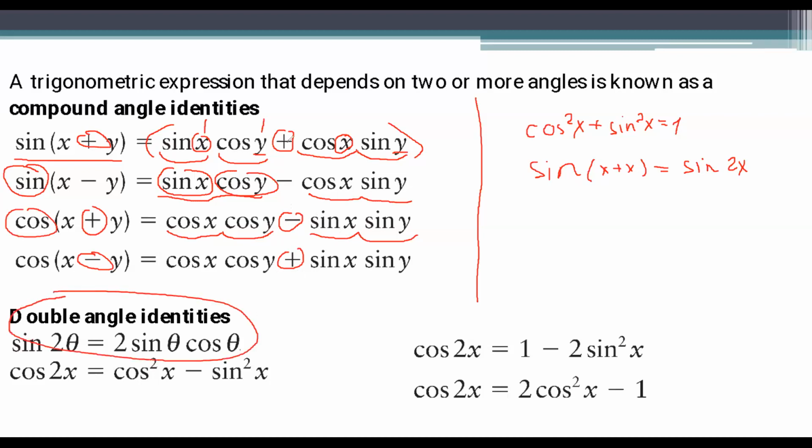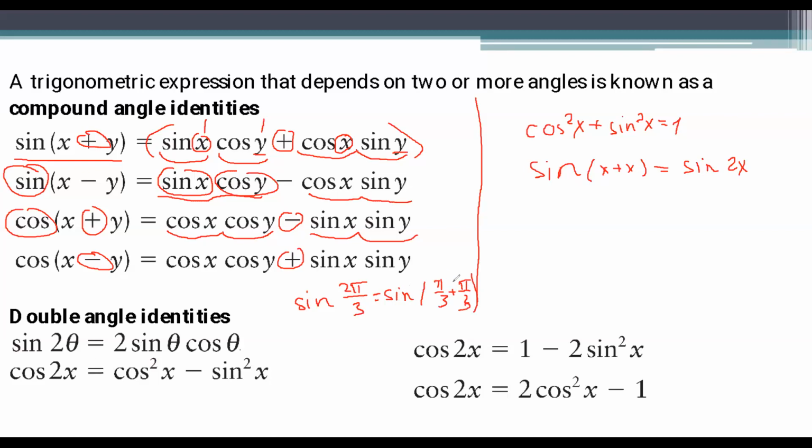Double angle identities are also a very important part of it. For instance, let's say you have sine of 2 pi over 3. Sine of 2 pi over 3 is the same as sine of pi over 3 plus pi over 3, right?